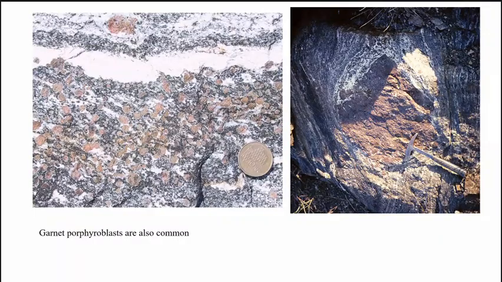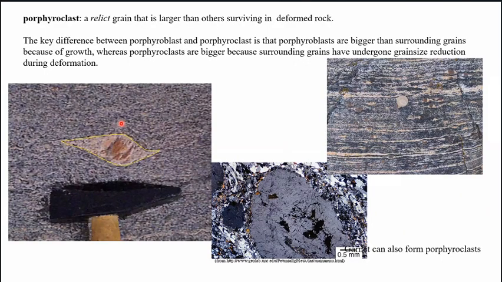Same thing here. Fine grain, coarse grain. Finer grain, you can see some larger, coarser grain inside. Okay, so this is what a porphyroblastic metamorphic rock looks like on the field.